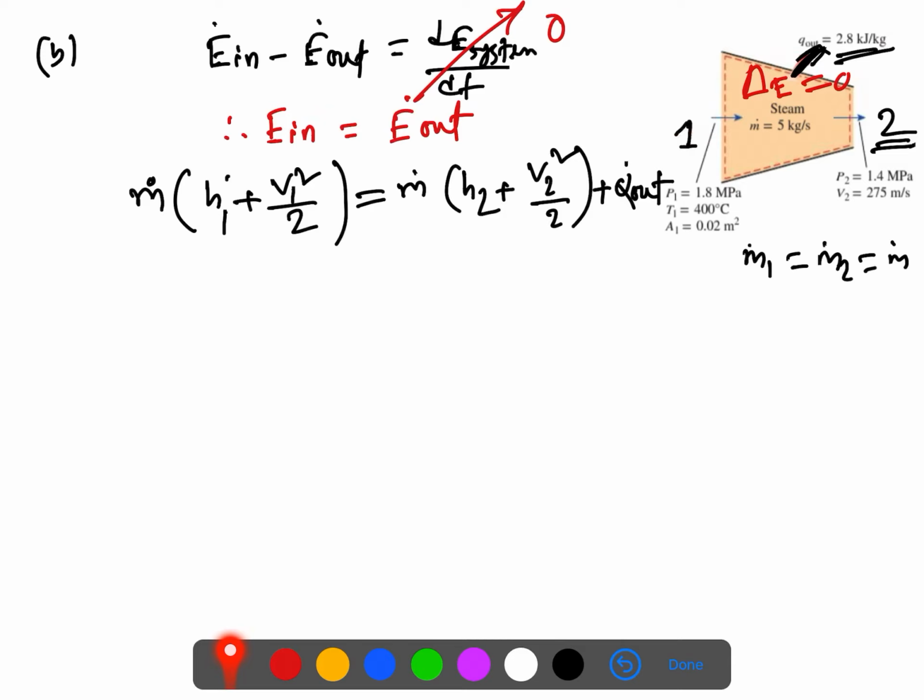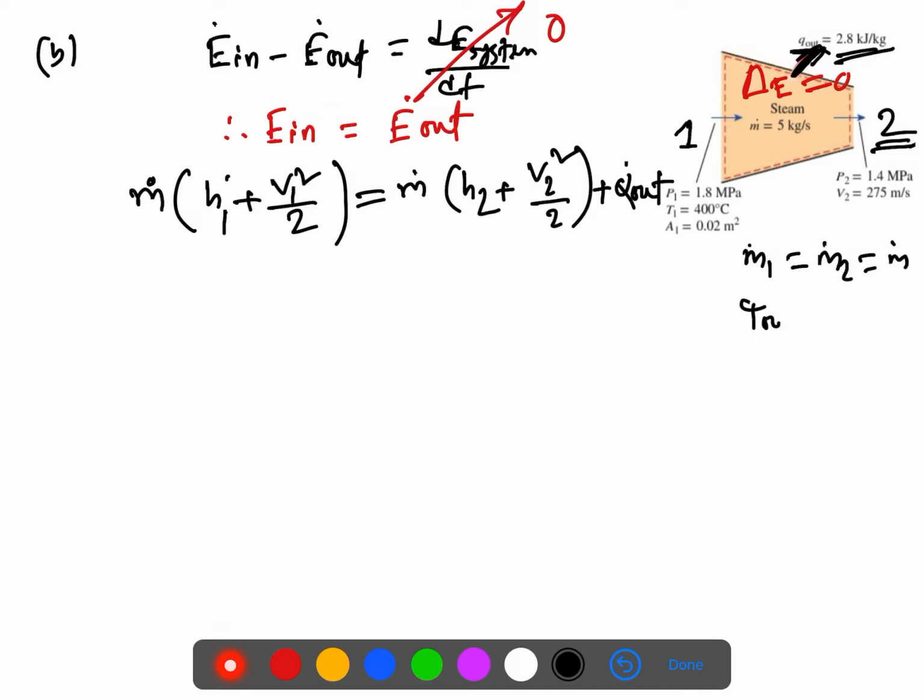So Q in and work in are 0, but Q out is not 0 because we have some heat transfer, so we need to include that here. We'll discuss this formula in detail during the lecture. This Q out, at this rate of change, we know the formula, is given as the heat transfer out.